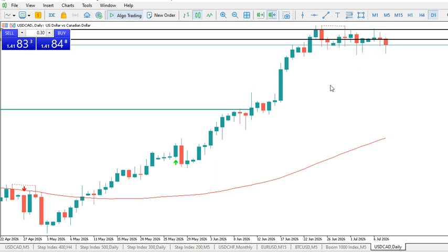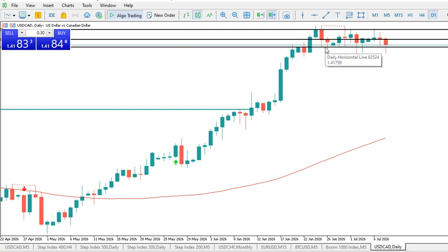We also have price coming down to this low, the low of this candle. In order to explain this perfectly well, you would see that firstly, price was bullish here.